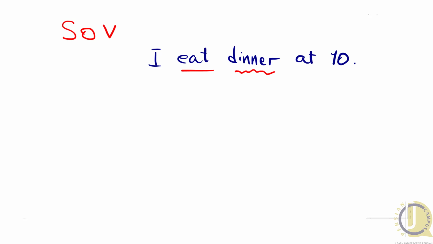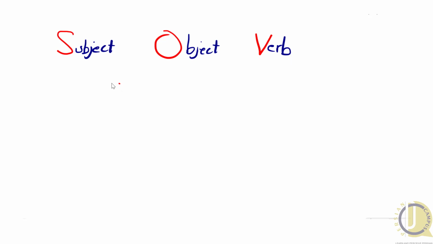So S stands for subject, O stands for object, and V for the verb. Well, it's not quite so straightforward, but the overall feature works as follows: SOV, subject, object, and verb.